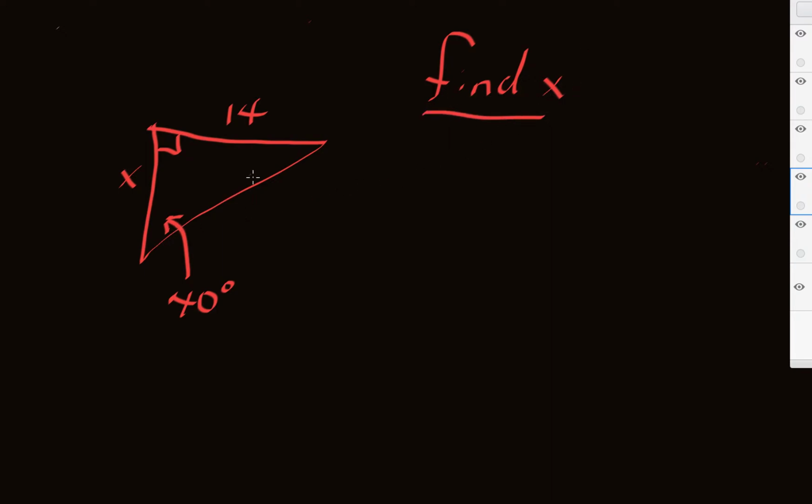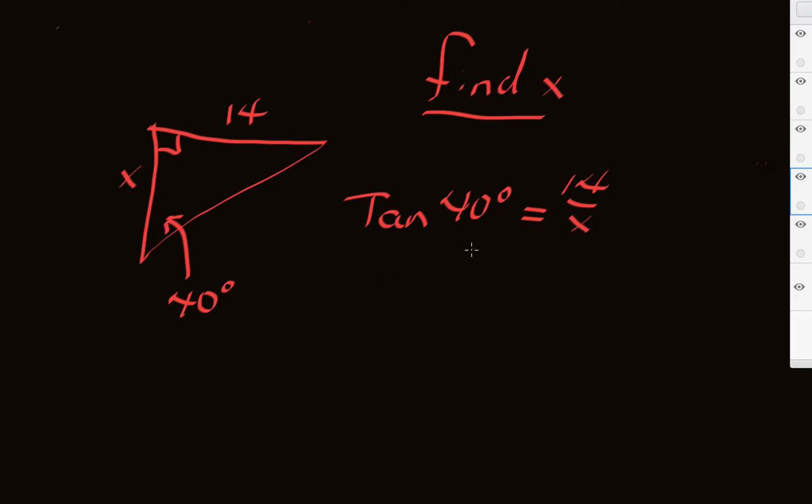right? And all we would say is if x is here, we're looking at the opposite side over the adjacent side. So we would look at the tangent of 40 degrees is equal to opposite 14 over x.